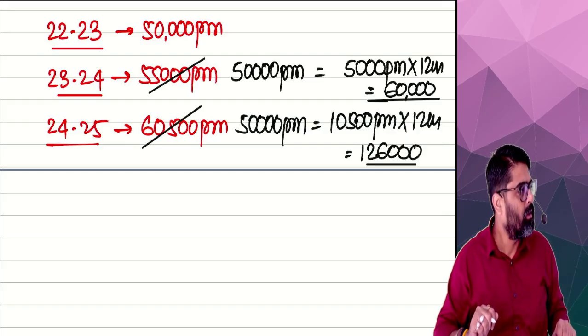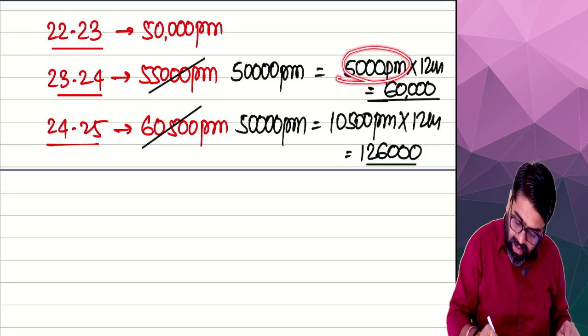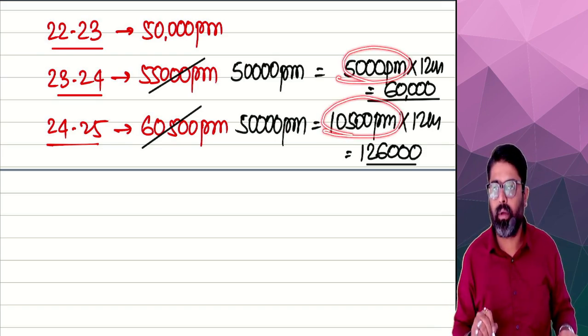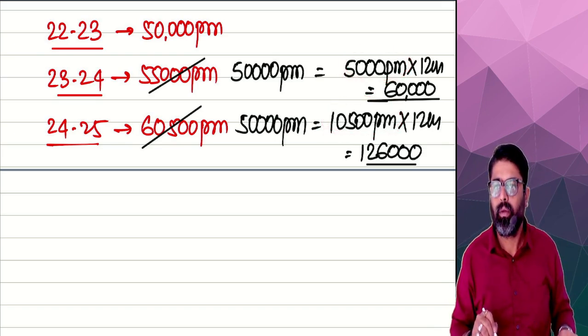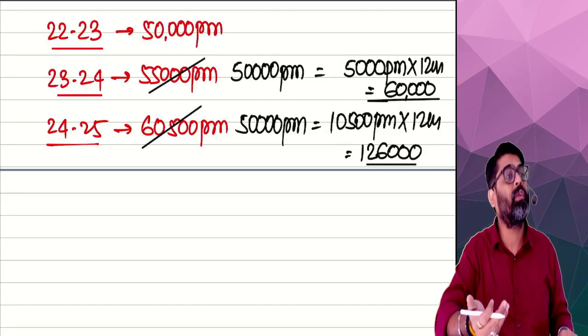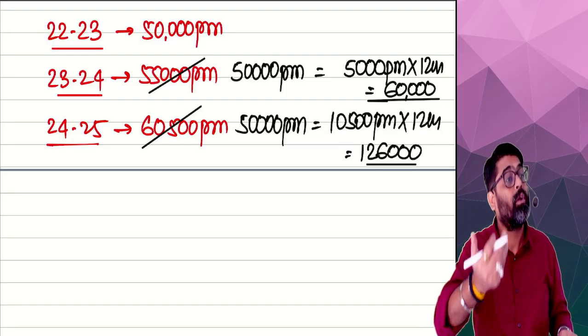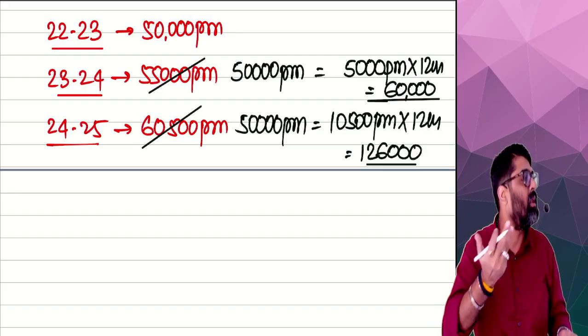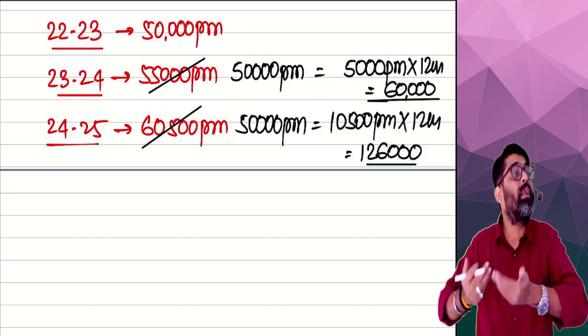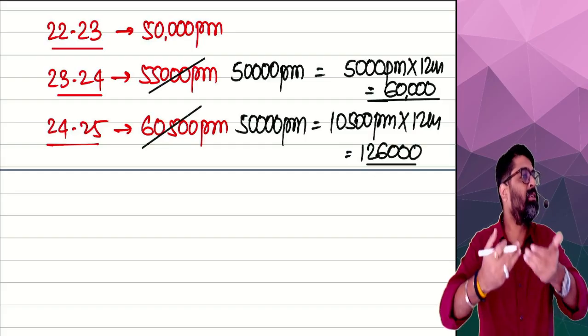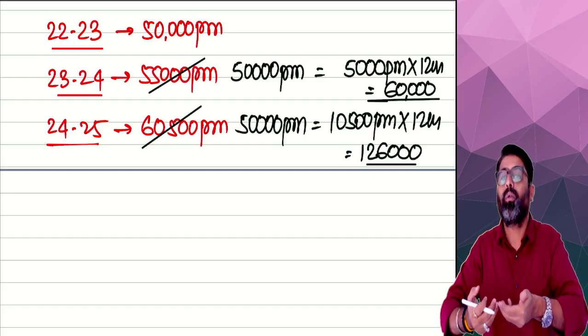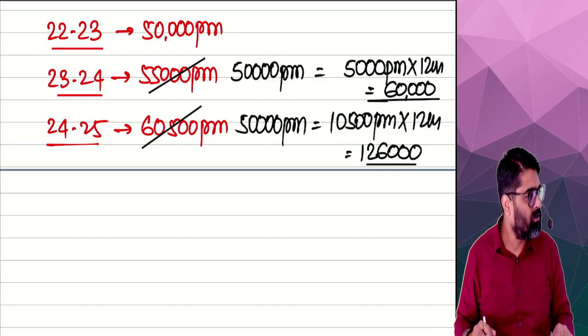Getting my point? So this 5,000 for this year, 10,500 for next year. You would not have shown this salary taxable on what basis? Due basis, because you were yourself unsure that whether you are going to get this salary in future or not, whether the financial situation of the employer will improve and he is going to give you this salary.